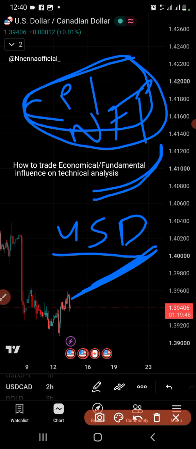So this is how the workflow is. And then when the economy is increasing or is improving, the percentage will be going up. And when the percentage is going up, it reflects as a bullish interpretation on the chart. That's exactly how it is.